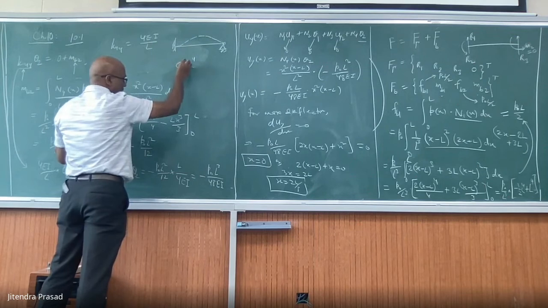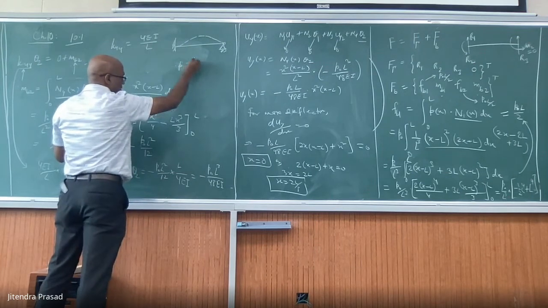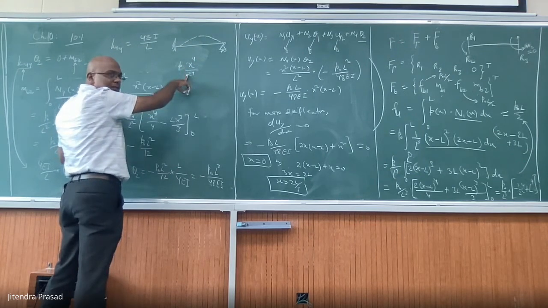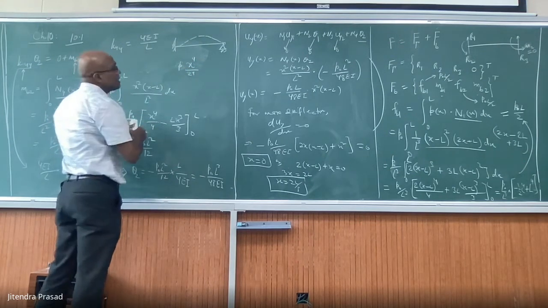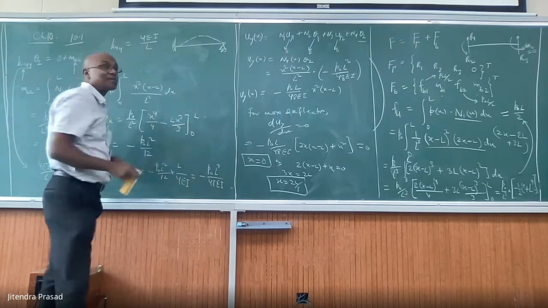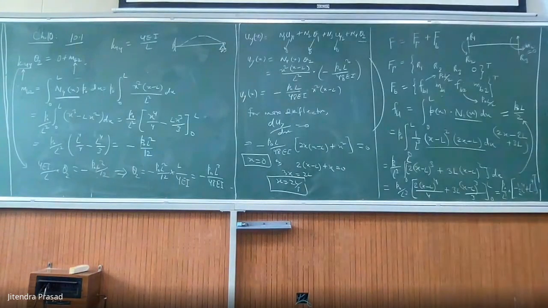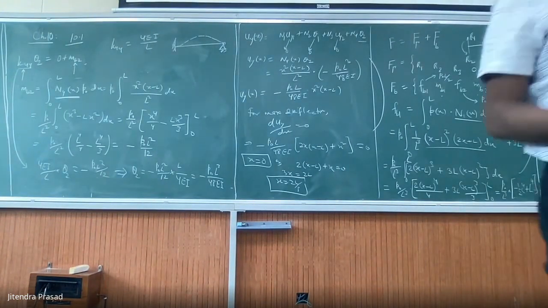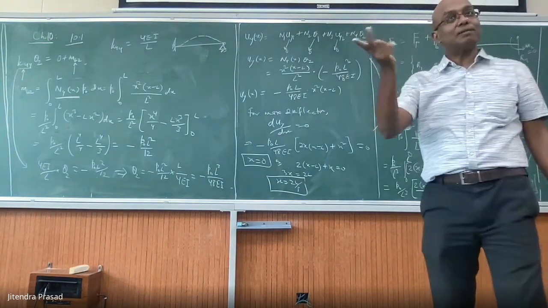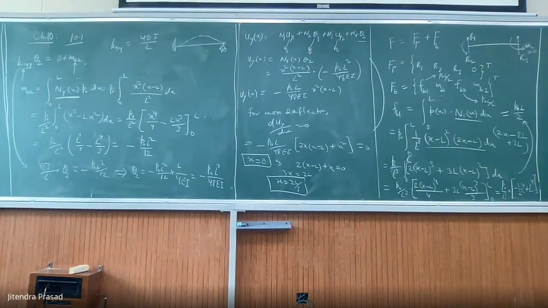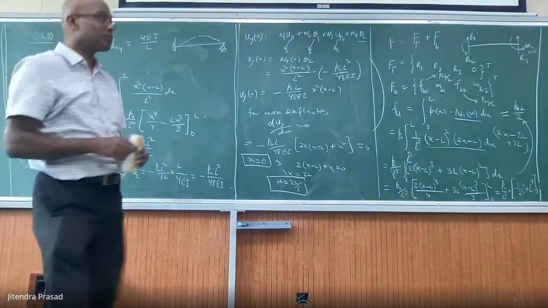We had x to the power 4, right? Then the exact solution may not be the same as this one, because the exact solution is x to the power 4 and the approximate solution is x to the power 3. So the solutions are different, and hence the exact location will give you a different location. But still it will be somewhere there. But this is the idea. This is how we will solve.